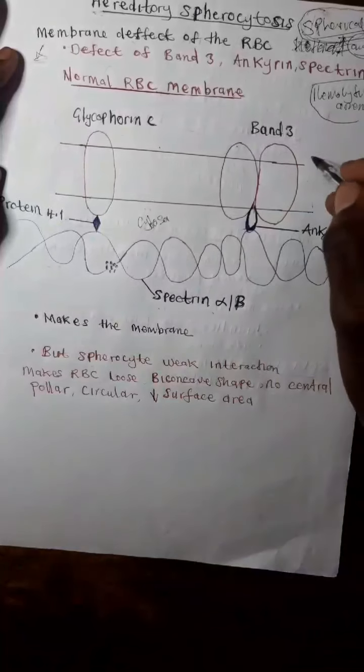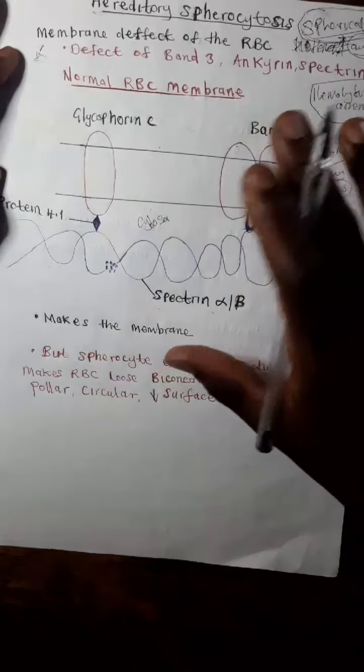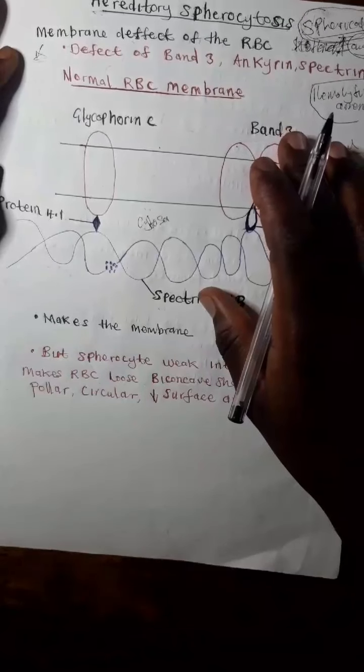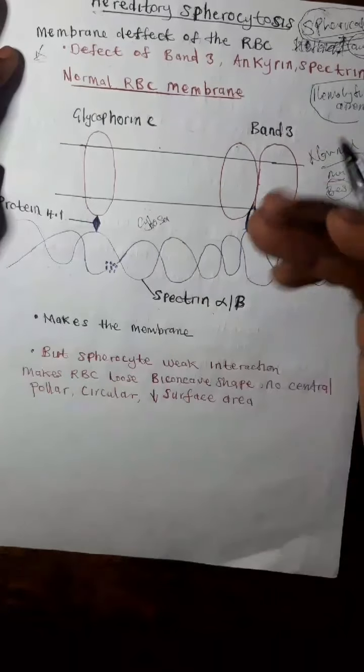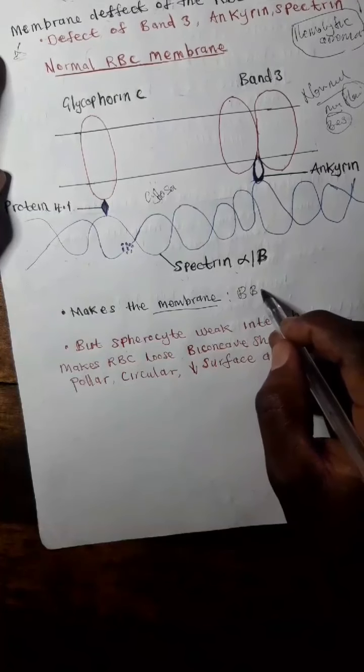These associations normally make the red blood cells flexible, such that they can change shape wherever they are in the capillaries. So this makes the membrane of the red blood cells stable.